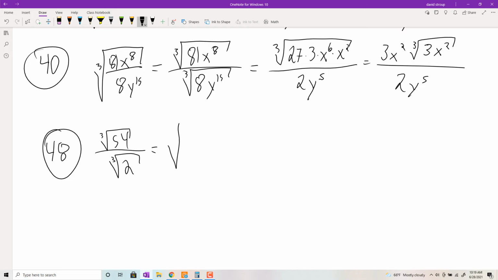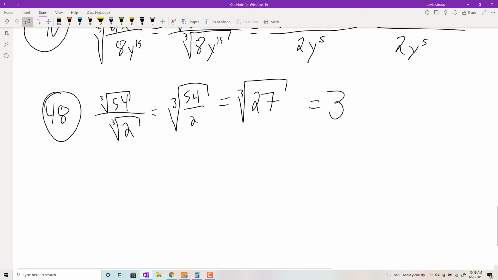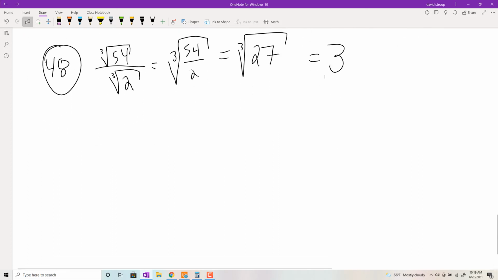But anyways, I'm going to rewrite it as the cube root of 54 halves. And then in doing so, you can simplify the 54 halves into 27. And then the cube root of 27, we all know, is 3. Okay, so sometimes simplifying like that using the reverse direction is a good thing.